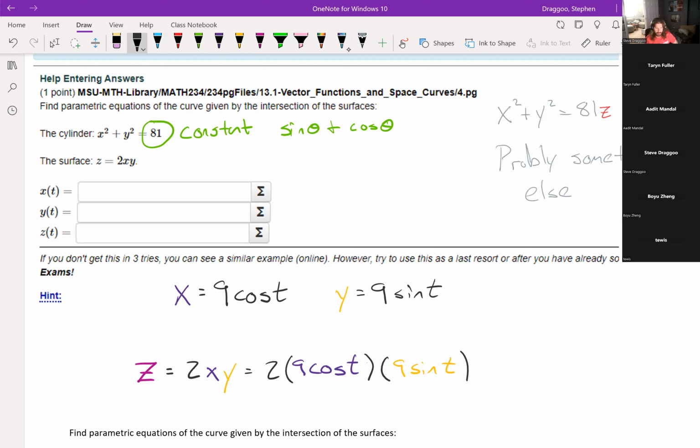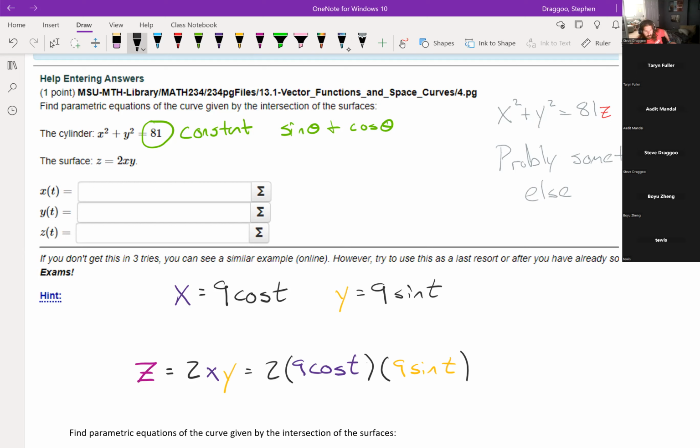That's our parameterization. Each of x, y, and z are all expressed as an equation that only contains t. So we can rewrite our entire curve of intersection using only a single parameter t. Because again, our curve of intersection is just a one-dimensional curved line that exists somewhere in 3 space.